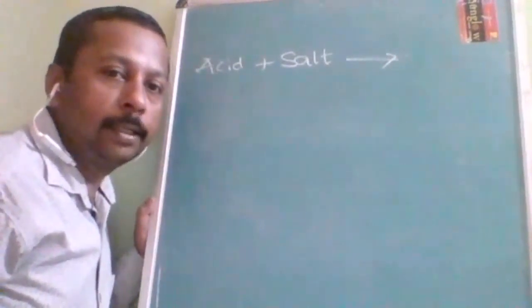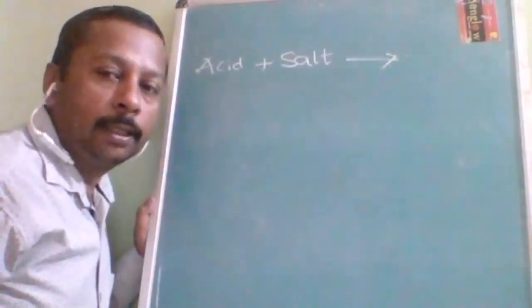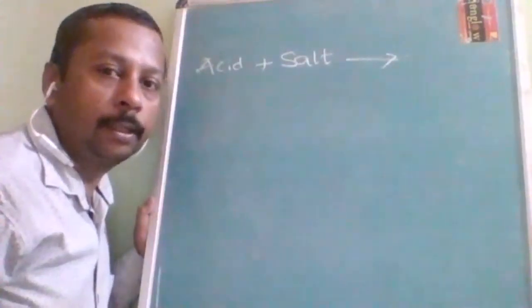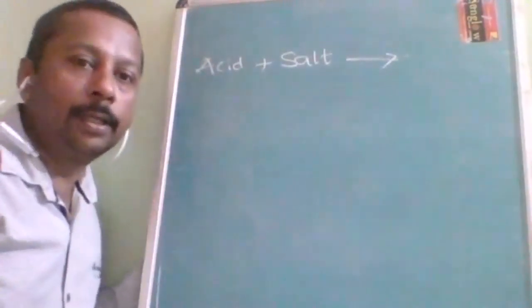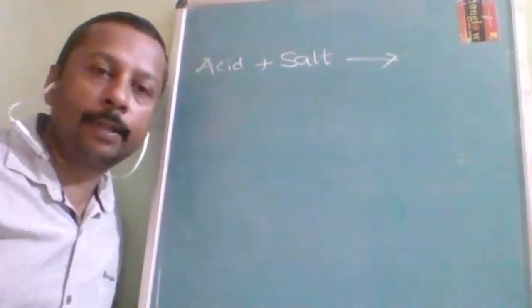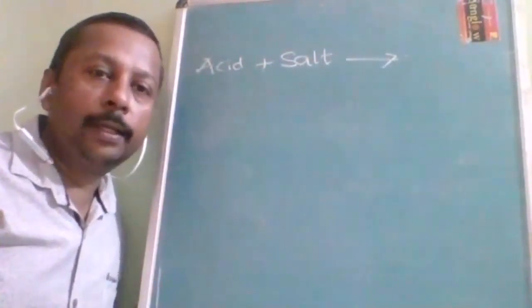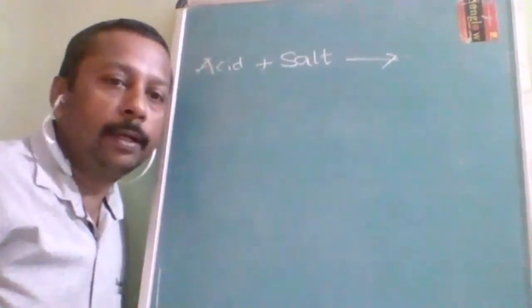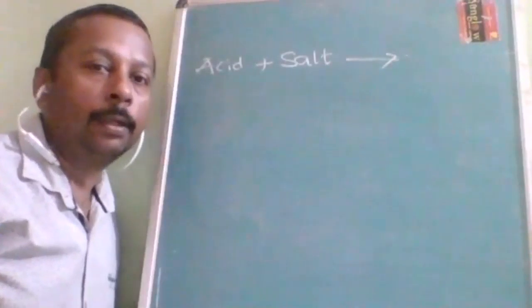But there is a logic behind it, because the logic is not in inorganic, the logic is in physical. In the physical side we know that any reaction is possible when there is spontaneity. Spontaneity is explained here in terms of entropy.